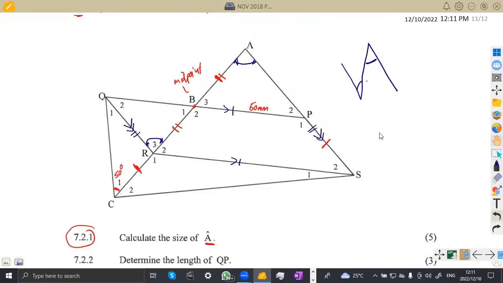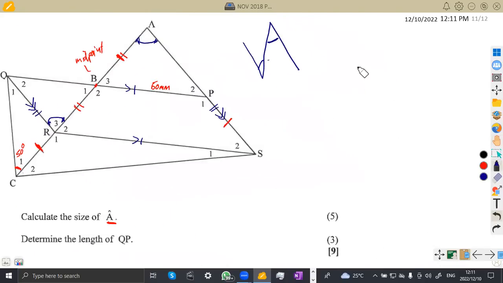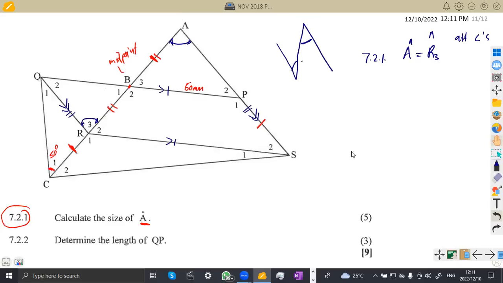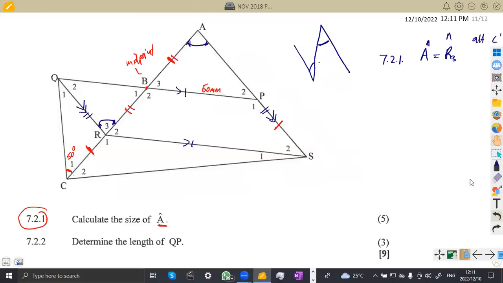So let's do this here, 7.21. Let's try to work it here. Like I said, the angle A that we need is equivalent to angle R3, which is from alternate angles. So how can we find R3? Let's see what we have so far.